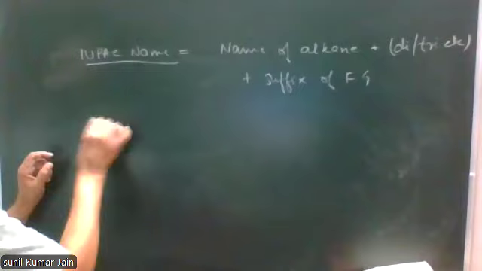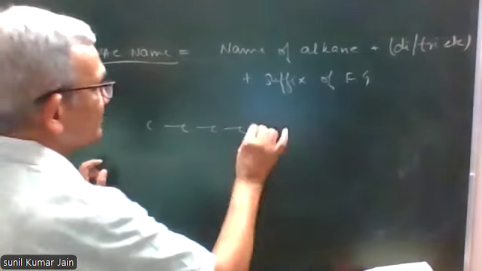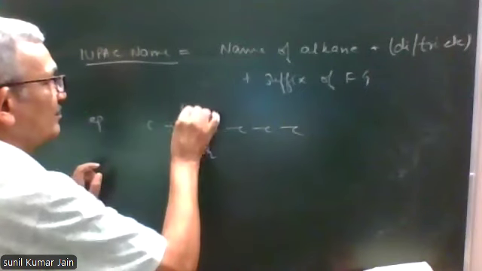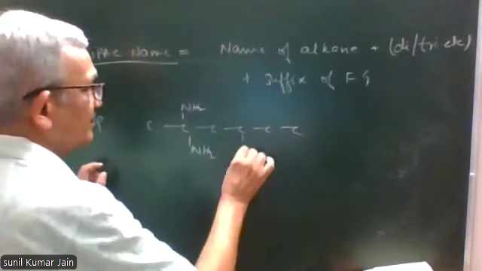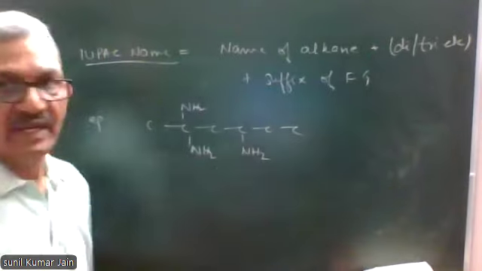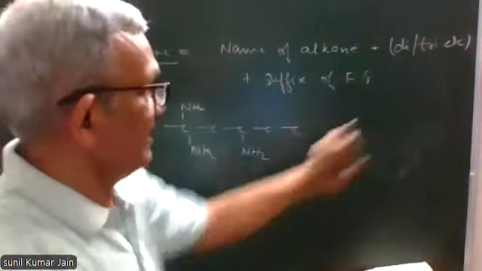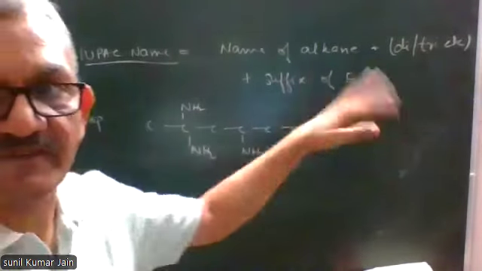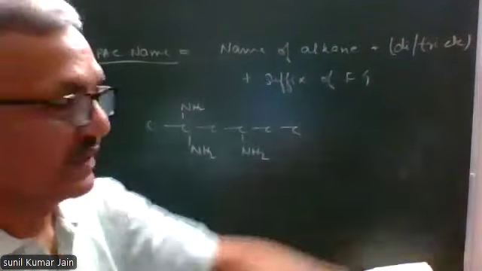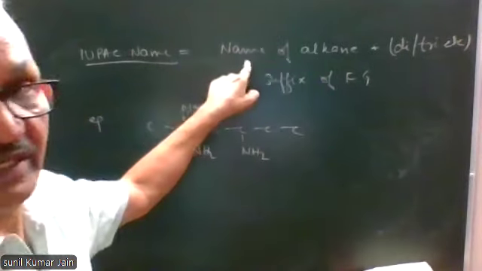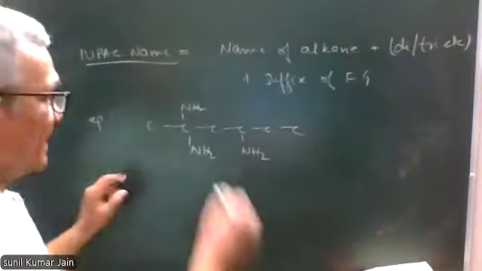For example, there are three NH2 groups. 3 means tri, NH2, suffix for NH2 is amine. Now 1, 2, 3, 4, 5, 6. Alkane of 6 carbon atoms is hexane.